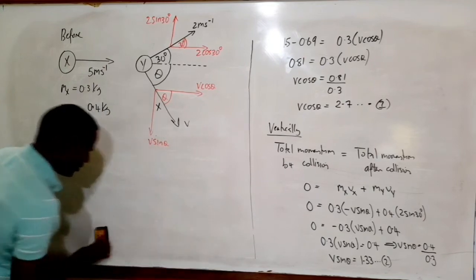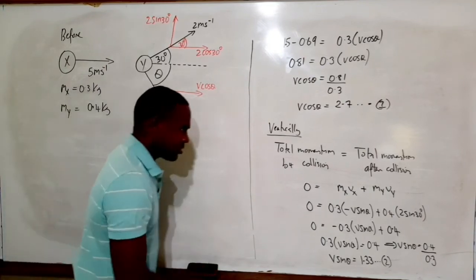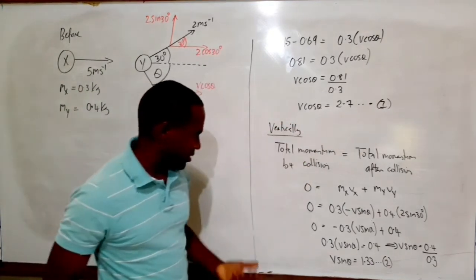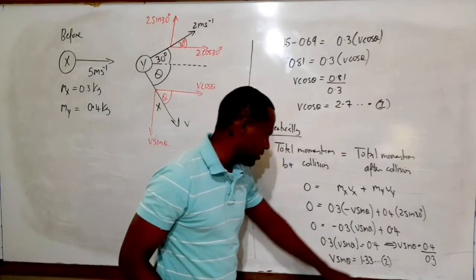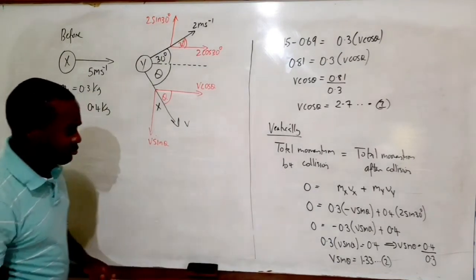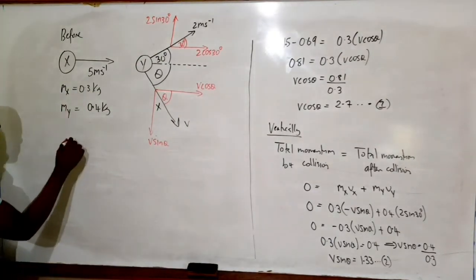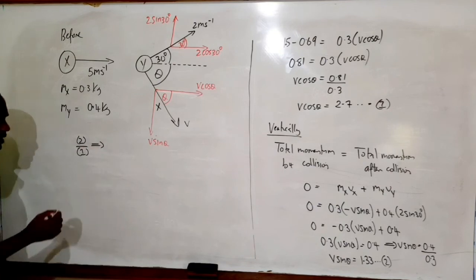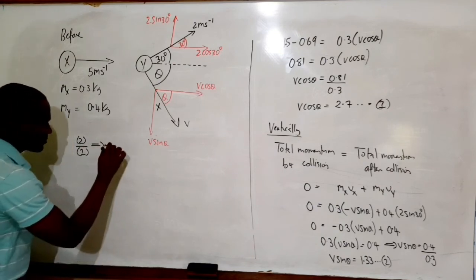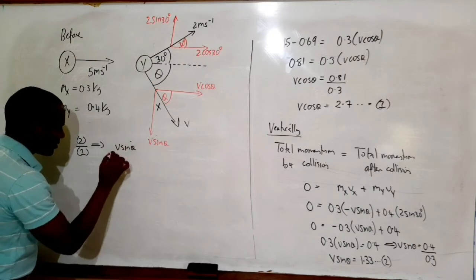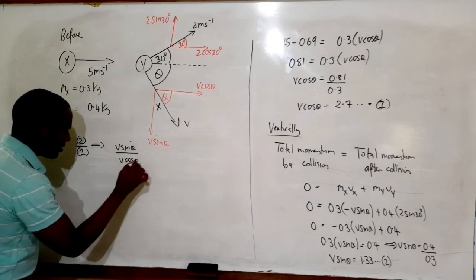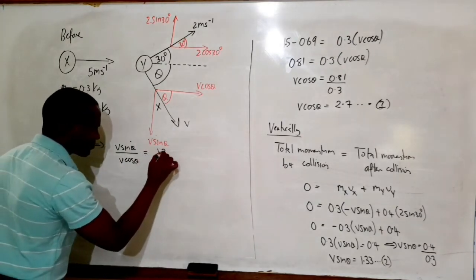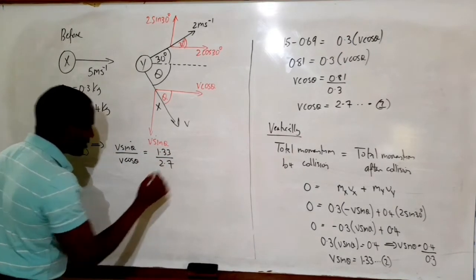So using our two equations now, we have v cos theta equals 2.7 and v sine theta equals 1.33. If we were to divide these two equations, so we could say equation 2 divided by equation 1, we get that v sine theta divided by v cos theta would be equal to 1.33 divided by 2.7.